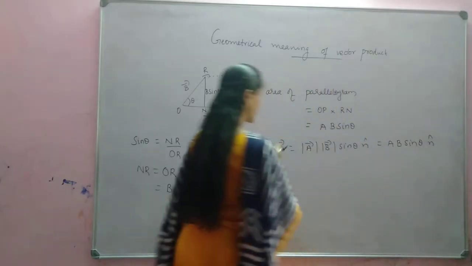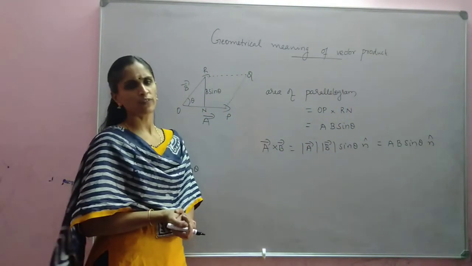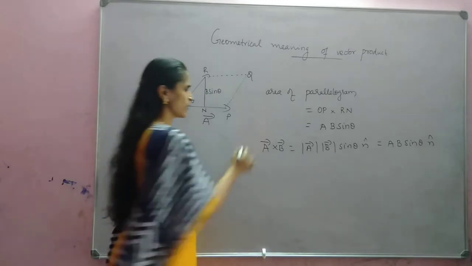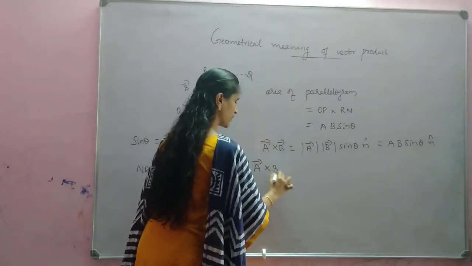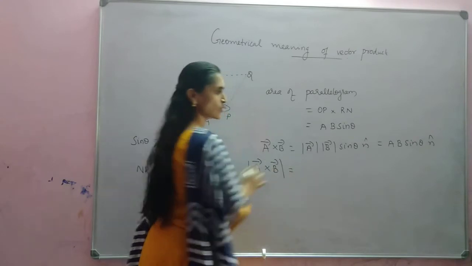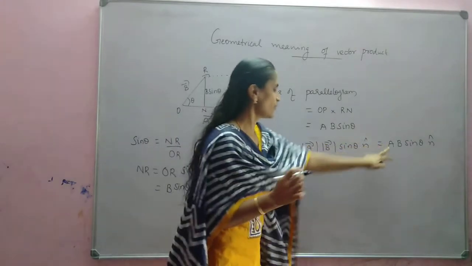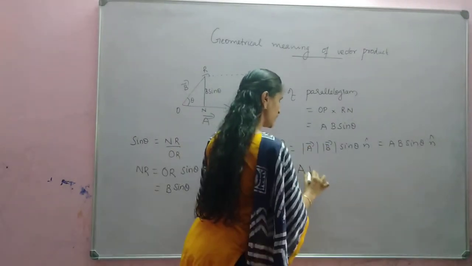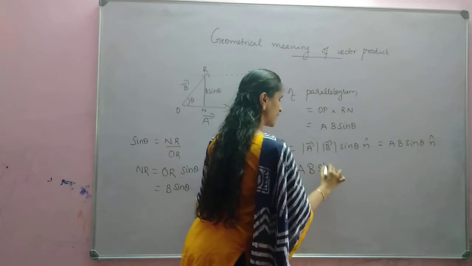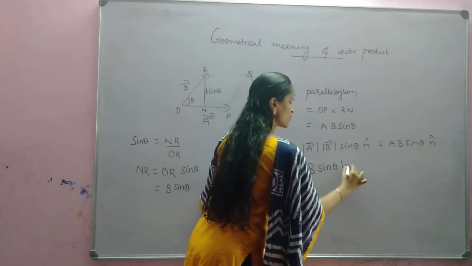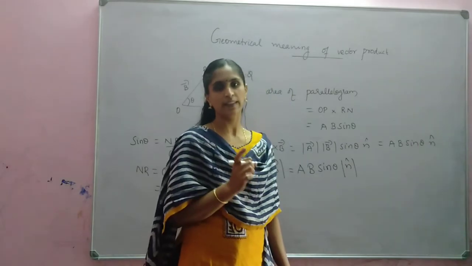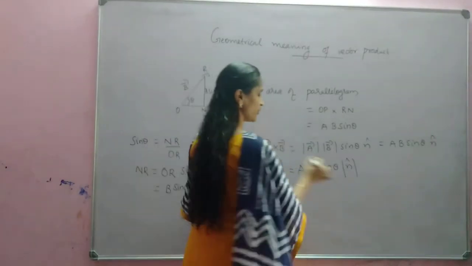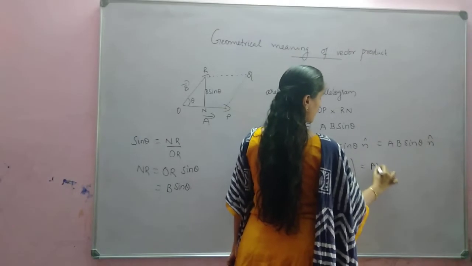So if we are finding the magnitude of the vector product, we are finding the modulus of A cross B. Modulus of A is A itself, modulus of B is B itself, sin theta into modulus of n cap. What is the magnitude of n cap? Since n cap is a unit vector, its magnitude is 1. What you got is AB sin theta.